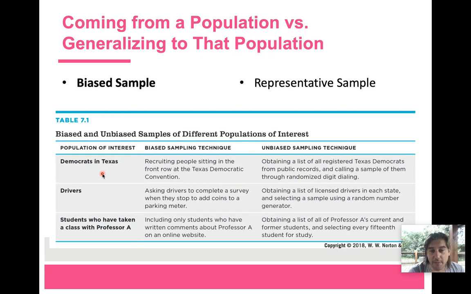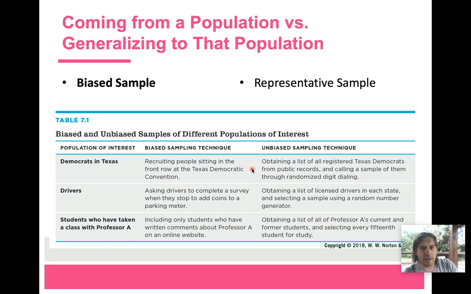So a biased sampling technique would be going to the Texas Democratic Convention and sampling people there, or even more biased would be recruiting people who sit in the front row, right? Who gets front row seats? People who are probably donors, who know somebody, who are related to the candidates, who are involved in the party leadership, right? So if we sample people sitting in the front row, we might have an especially biased sample.